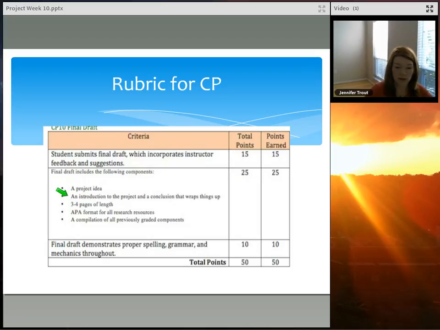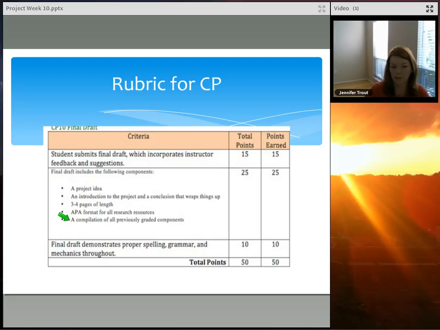You have an introduction to the project and a conclusion that wraps everything together. Very important. And then of course 3 to 4 pages in length, APA formatting, and research of all references. I've graded a few of the assignments that go into this, so make sure you've made those corrections, because I could go back and review that.